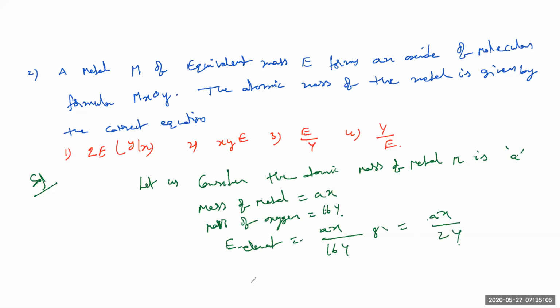Now therefore A is equal to 2E into y by x. So y by x means it is option A. Okay, next question, take the solution.